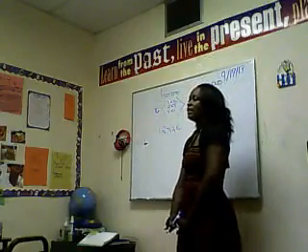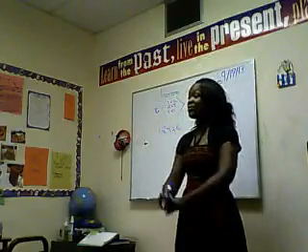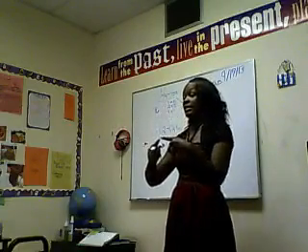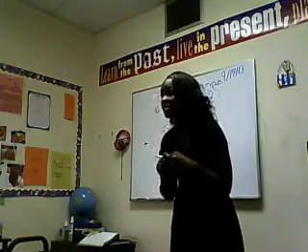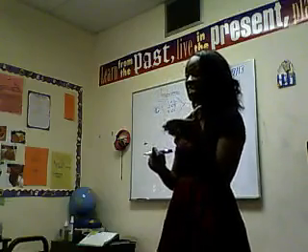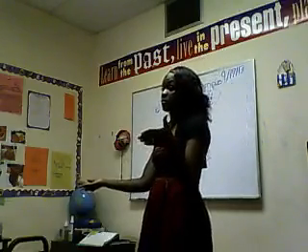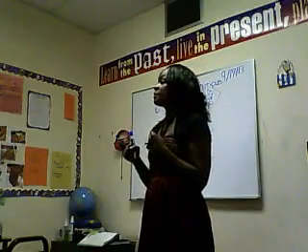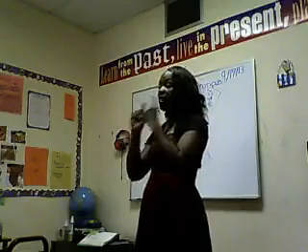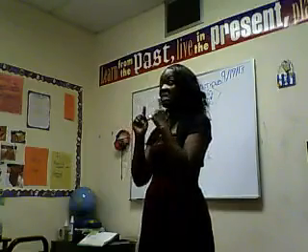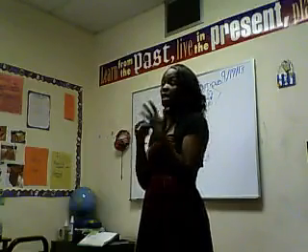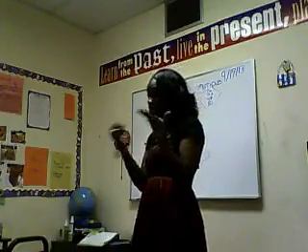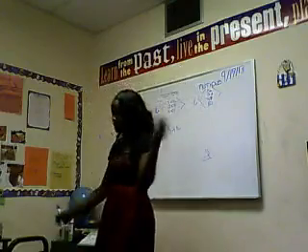Factors of 16 are what? Two numbers I can multiply to get 16. Multiples of 16 are 16 times other numbers. Again, factors of 16: two numbers I can multiply to get 16, or it can be two or more numbers, like 2 times 2 times 2 times 2. 2 times 2 is 4, 4 times 2 is 8, 8 times 2 is 16.